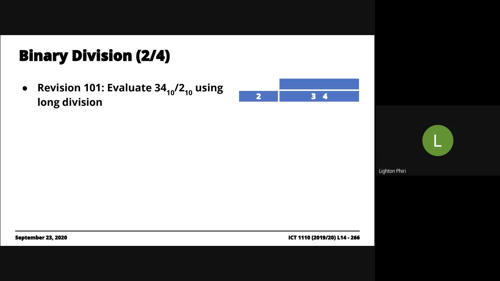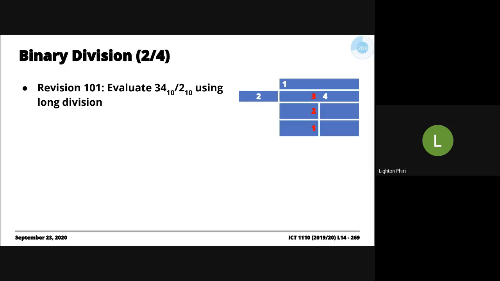Applying long division to 34 divided by 2, you first divide 3 by 2. The answer is 1, and then you multiply 1 by 2 and keep track of the result, which is 2, and then you subtract 2 from 3 and get 1. Sorry, I should have put a minus sign here.